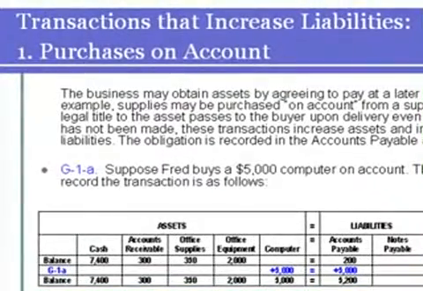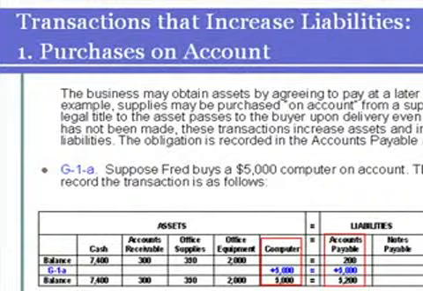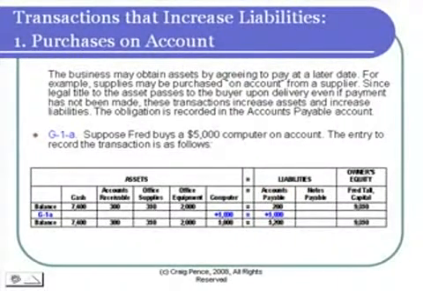Therefore, the computer is an asset, and we need to record an increase in our computer account to record the purchase. We can't reduce cash because we haven't paid for the computer yet, but just like before with the supplies, we can record the obligation to make the payment in our account payable liability account. We now owe $5,200 to vendors. One is the office supply company, and the other is the store that we bought the computer from.